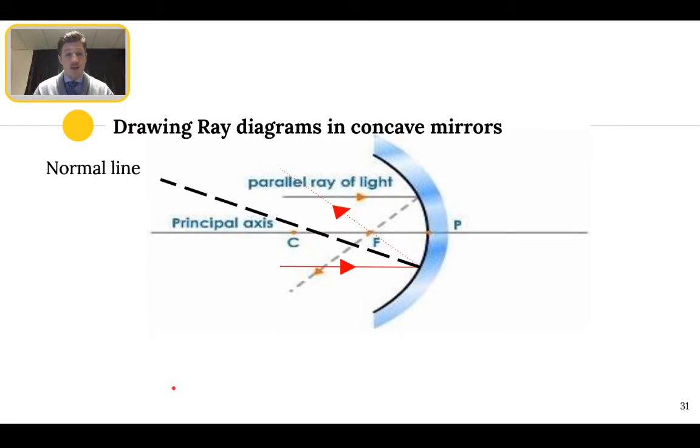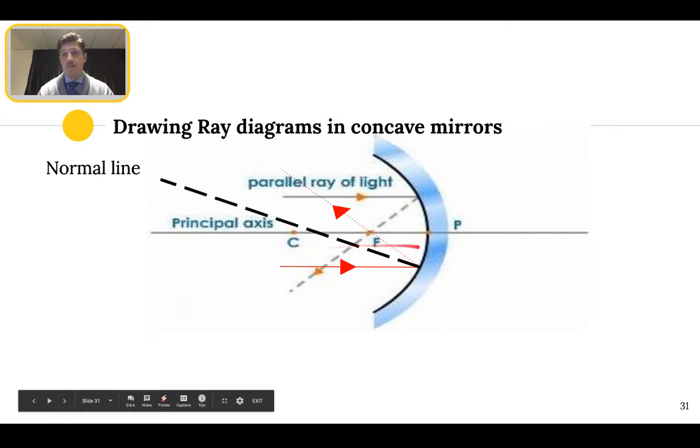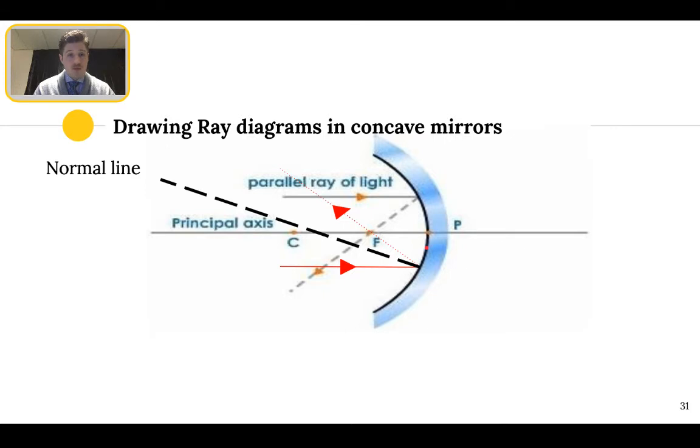Typically, 3 rays of light are drawn reflecting off a concave mirror. The center incident ray flows from the principal axis, which travels straight into the center of the mirror. The reflected ray travels directly back on the same line. Another incidence ray of light parallel to the principal axis is drawn, and the reflected ray reflects inwards.